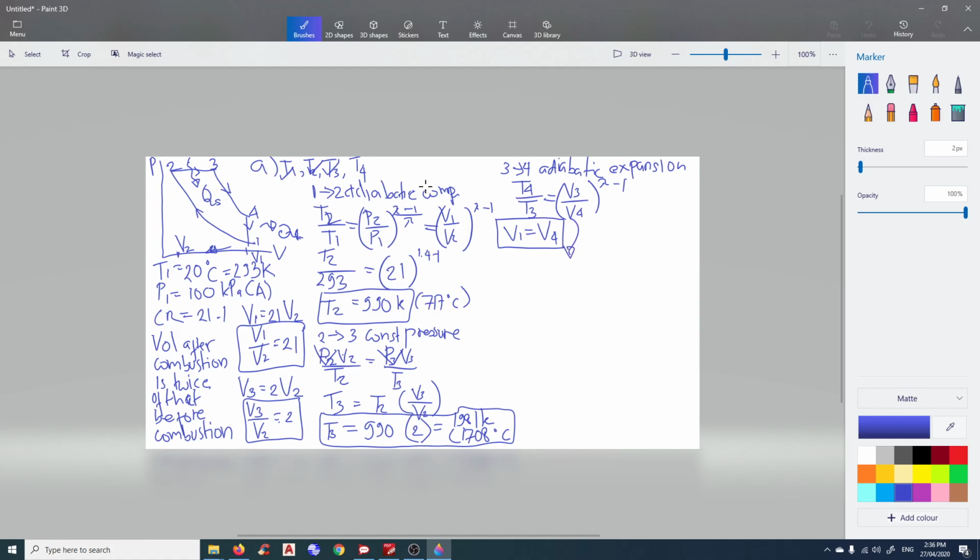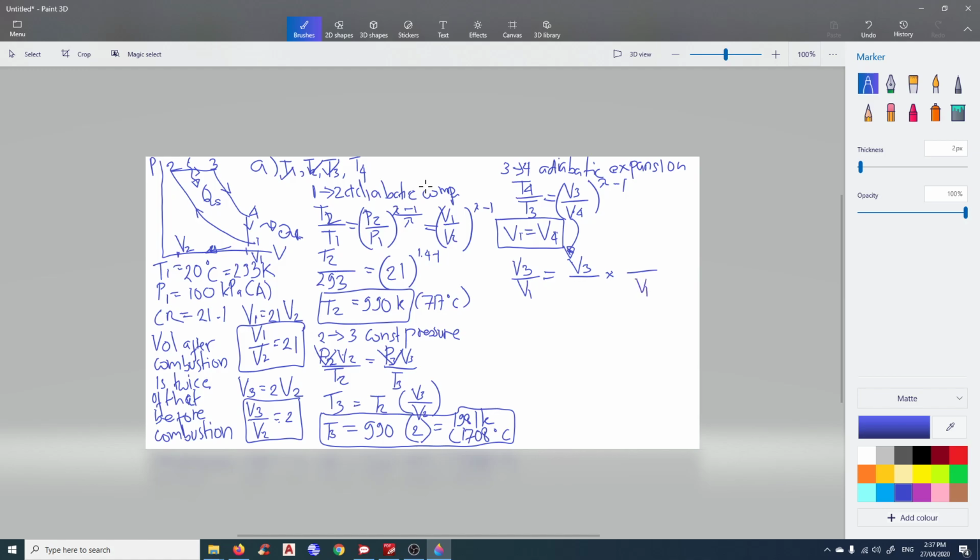So we can rewrite this. Instead of V3 over V4, we're going to say this is V3 over V1, right? Because V1 equal to V4, so I'll just replace V4 with V1. Now we can further break this. I'm just going to write V3 here multiplied by V1 here.